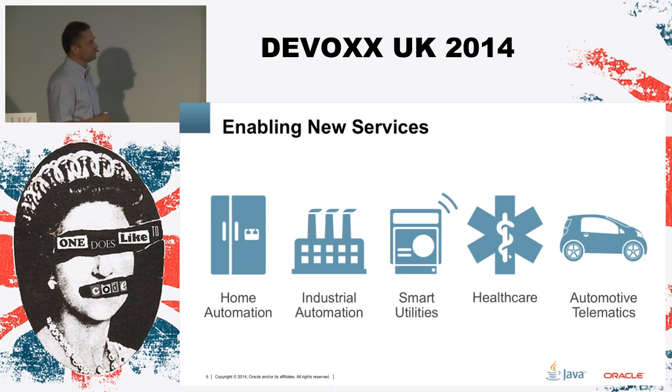And automotive, again, this is something which is right now becoming a very big field of interest. In Europe, there's now a mandate coming from the European Union which says that, I think it's from 2016, I'm not sure exactly, all cars are going to have a telematics system fitted to them.